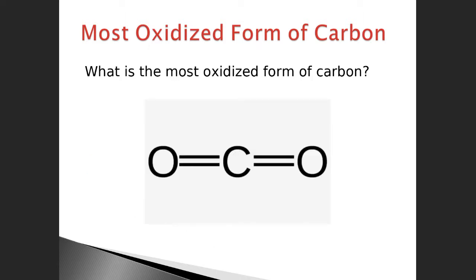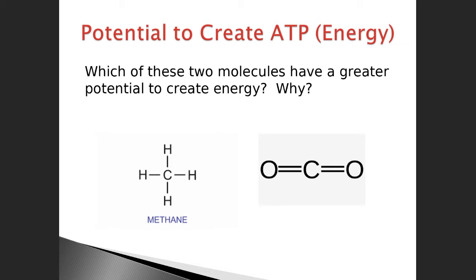There's CO2. My question to you, which one of these molecules, methane or carbon dioxide, has a greater potential to create energy and why? It's not CO2. CO2 is energy depleted. So it's hydrogen because of the gaining of the electrons?